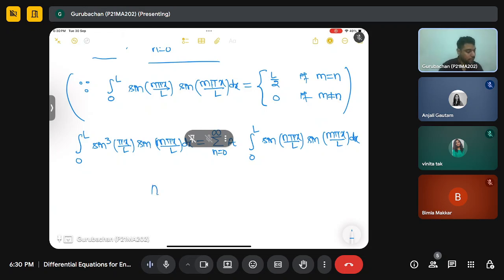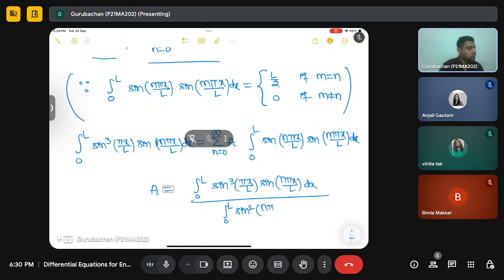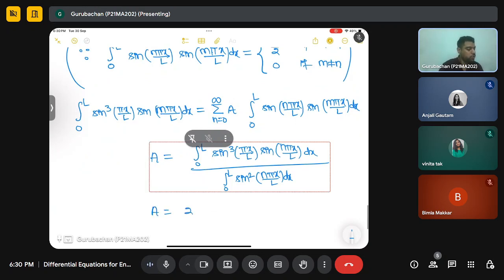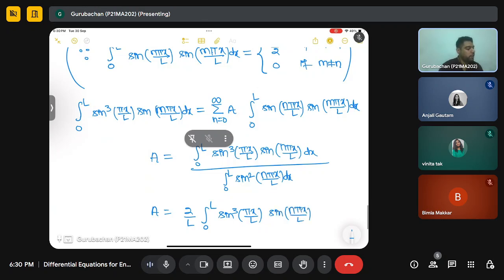So from here we will get a to be the integral from 0 to L of sine cube pi x by L sine n pi x by L dx divided by the integral from 0 to L of sine square n pi x by L dx, and this is L by 2, so this whole quantity will be 2 by L times the integral from 0 to L of sine cube pi x by L and sine n pi x by L dx.